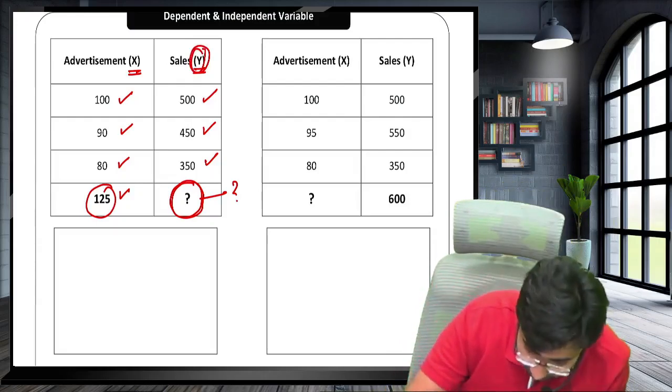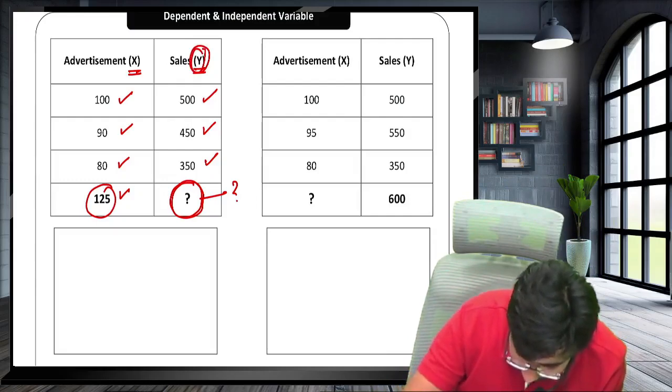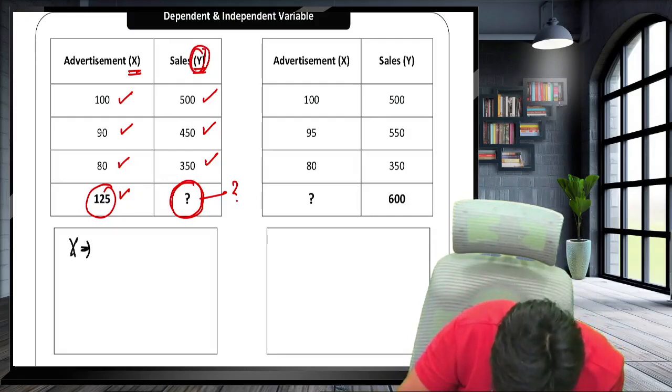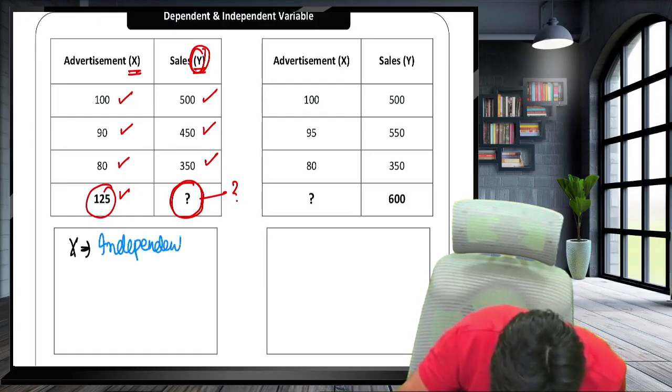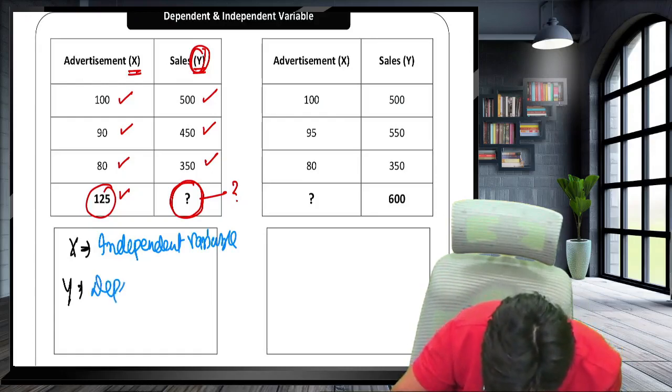Guys, the variable X is independent and Y is dependent. I will explain this.